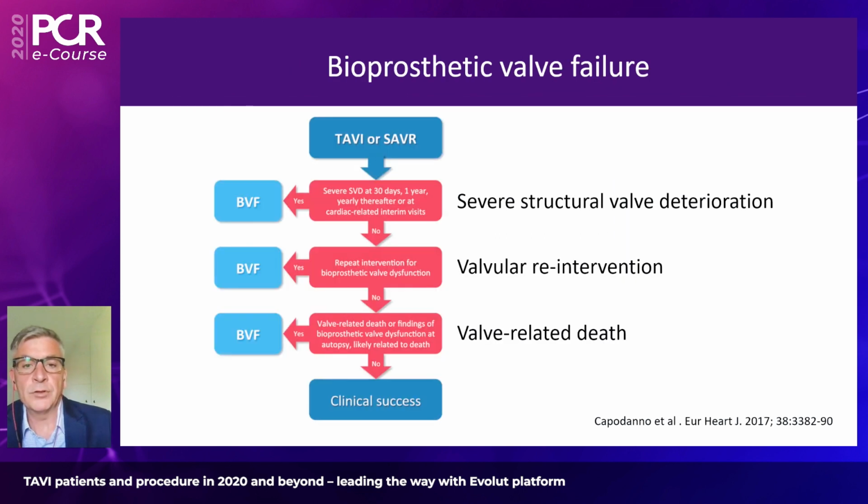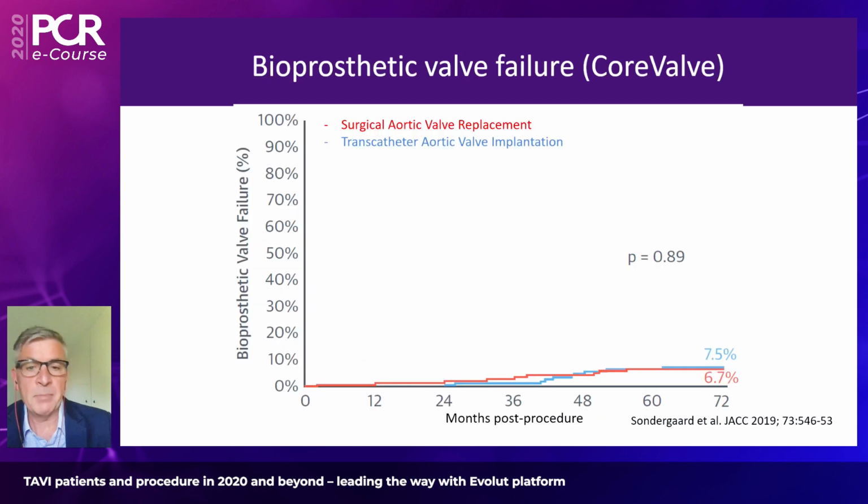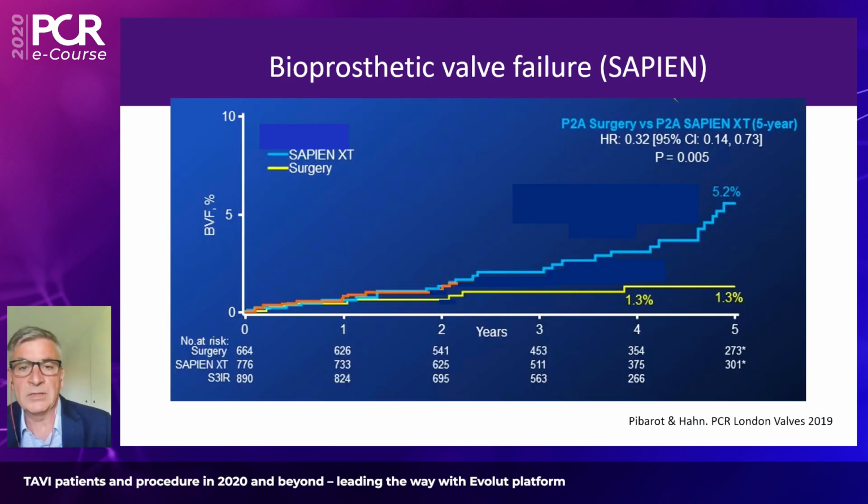And moving from valve dysfunction to valve failure, defined as severe structural valve deterioration, the need for valve reintervention or valve-related death, applying these criteria to the NOTION trial with the CoreValve platform, at 6 years it was the same rate between surgery and TAVI, quite low, around 7%. Whereas in the PARTNER 2 trial with the SAPIEN platform, we saw that the patients who underwent TAVI with a balloon-expandable valve had a much higher rate of valve failure at 5 years.